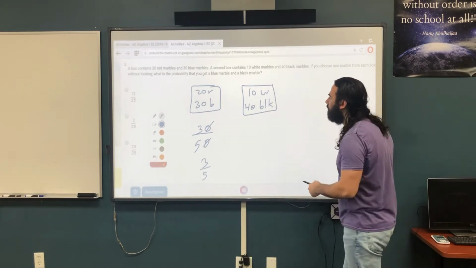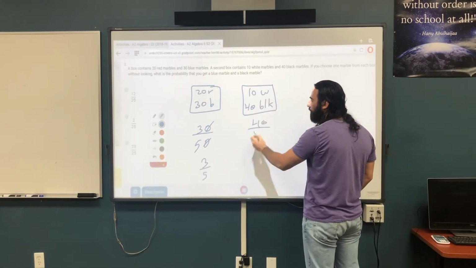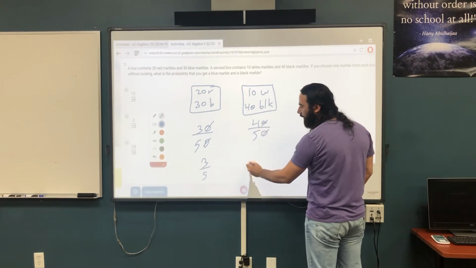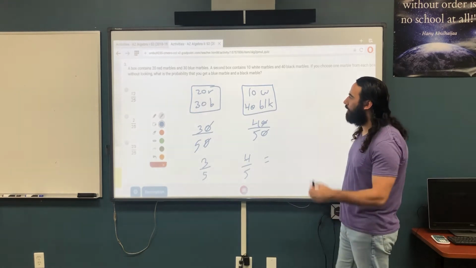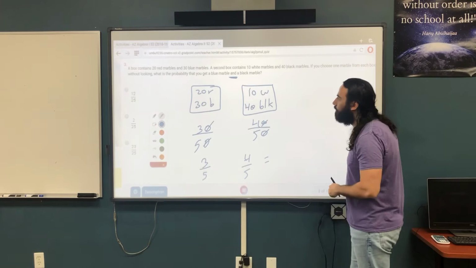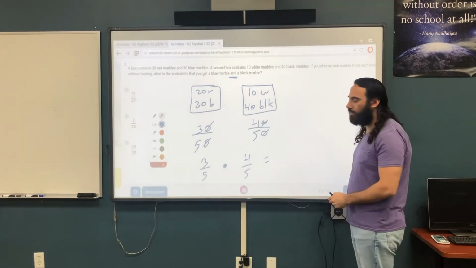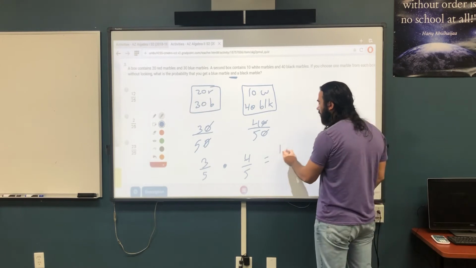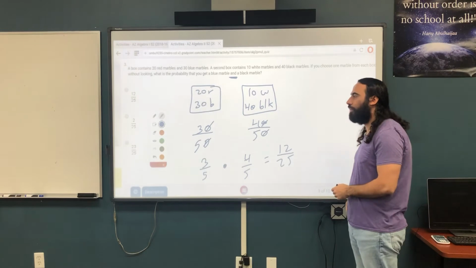Now a black marble, we have 40 black marbles, and we divide it by the total marbles, which is 50. We simplify it, so it's going to be 4/5. Now he wants a blue marble and a black marble. Because there's AND, we multiply the probabilities. So 3 times 4 is 12, 5 times 5 is 25, and the answer will be the first one. That is it.